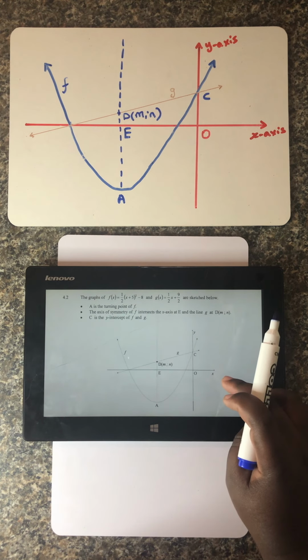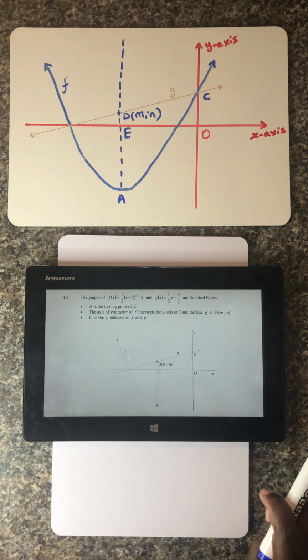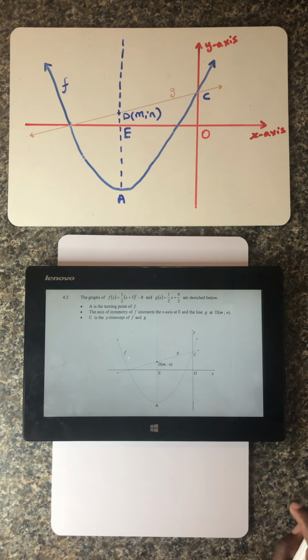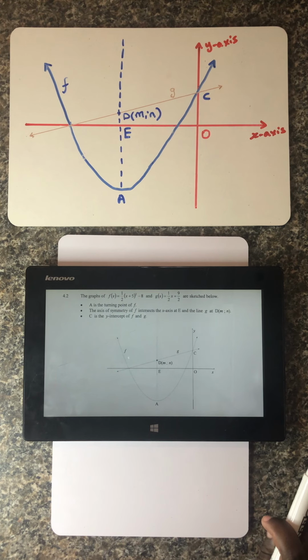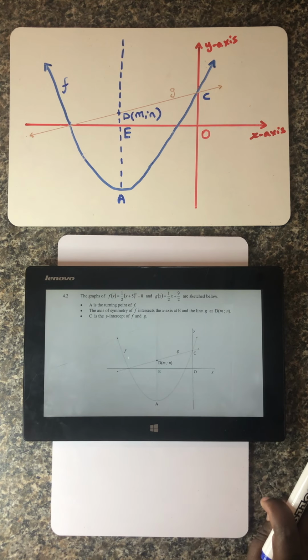What matters the most is that I want you to see how you analyze the given diagram or the given graph, and be able to interpret the given statement in relation to the given sketch or diagram. So, ladies and gentlemen, when you're given a question similar to this, the first thing you do is read the given information.